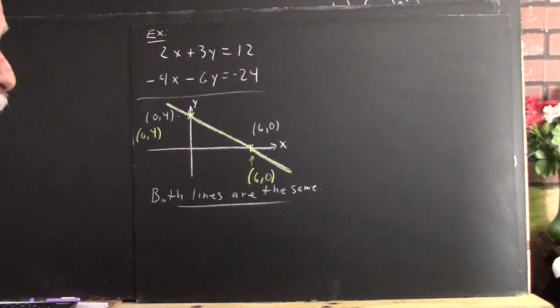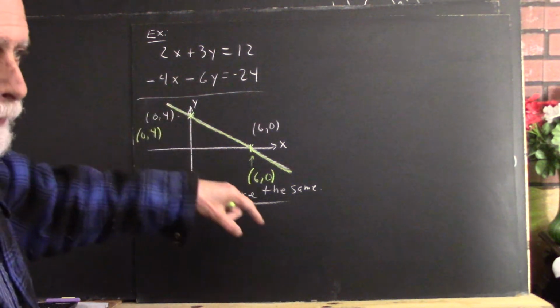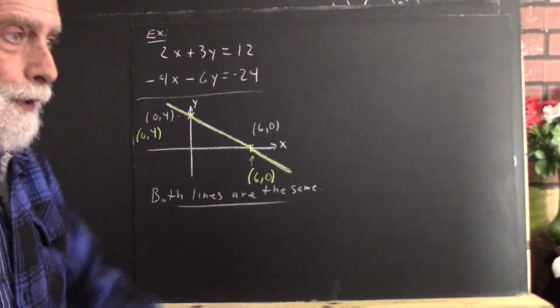Now, both lines being the same, this means that every point on either line is a solution to the equation.